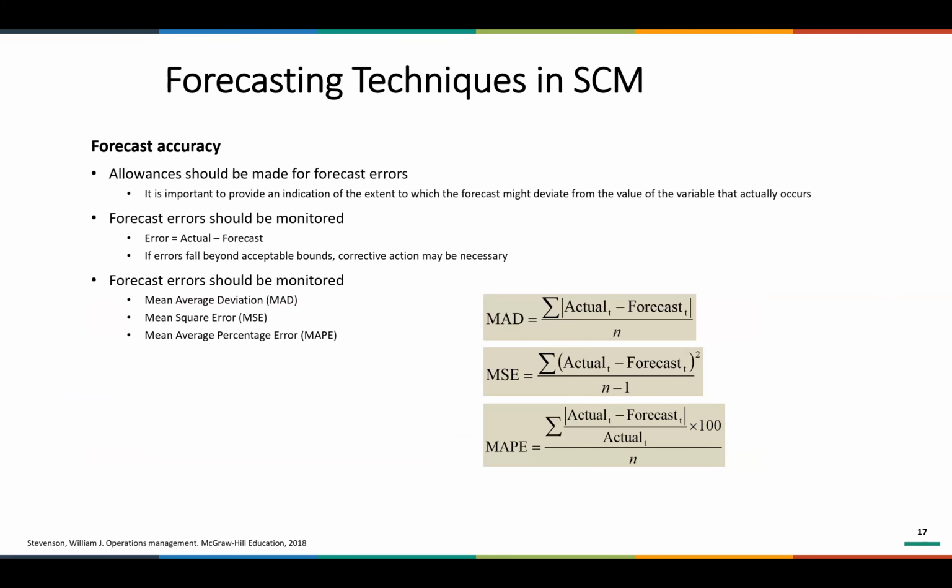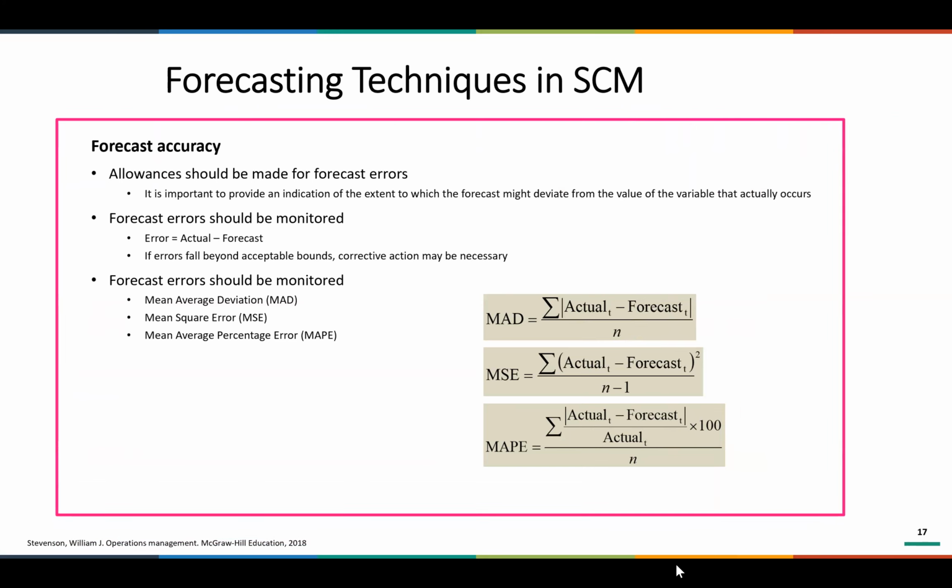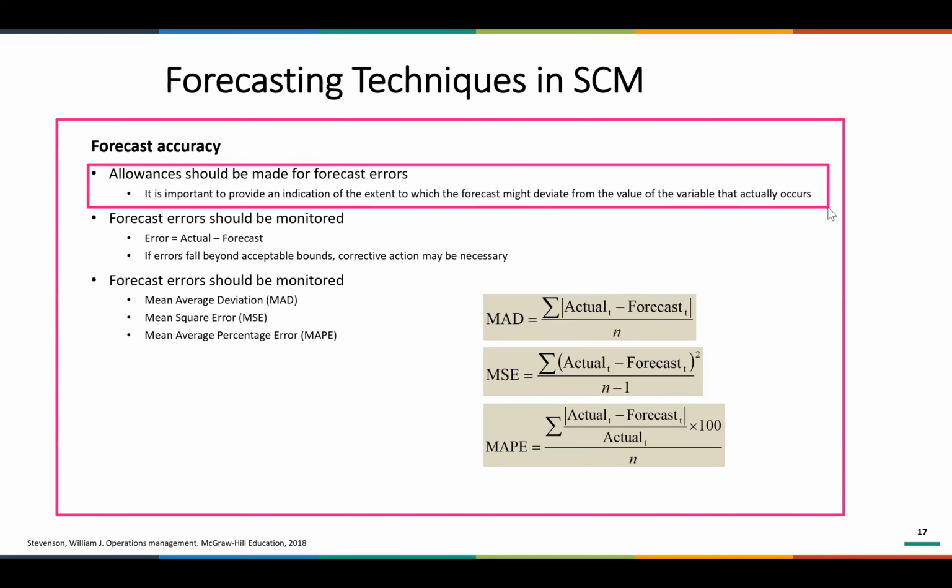And then in order to choose which forecasting technique will work better, we have a measurement called forecast accuracy. It represents the allowance made for the forecast error.